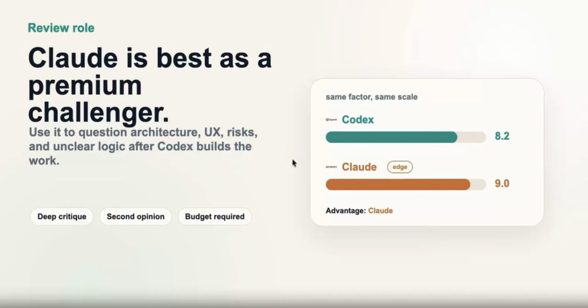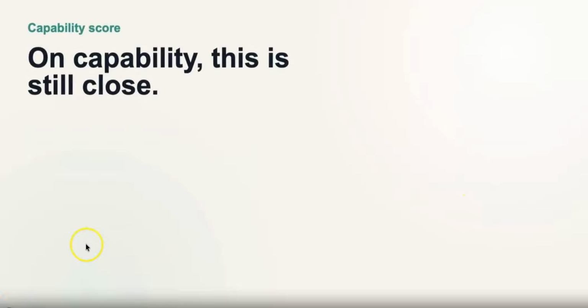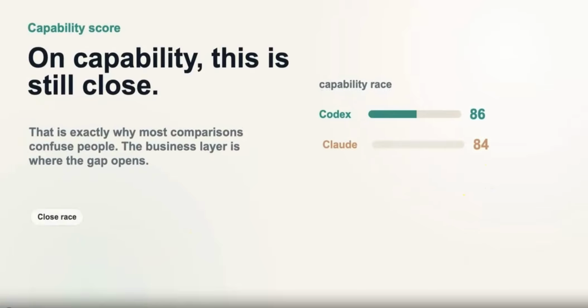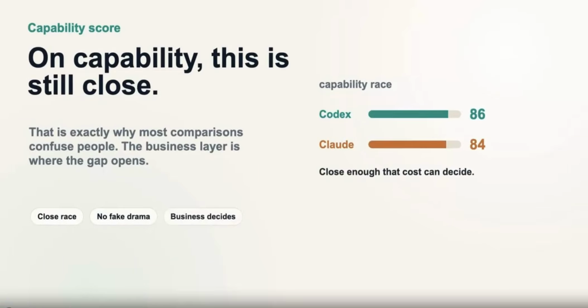Because Claude is good in thinking and analyzing, that's why it is good in review as well. Here you can see Claude has a higher score in reviewing existing code.